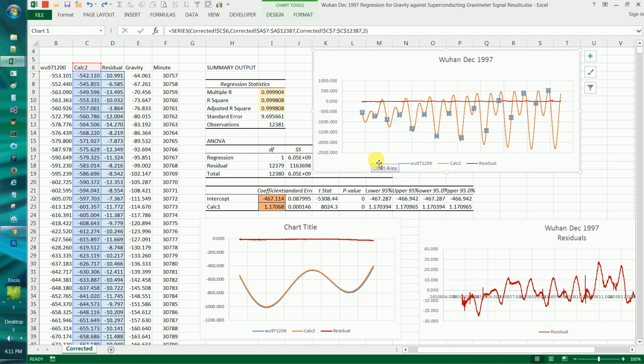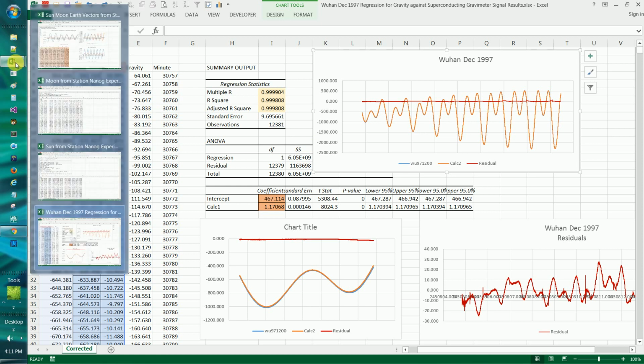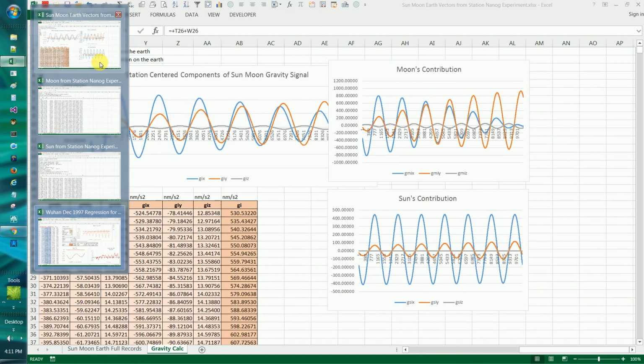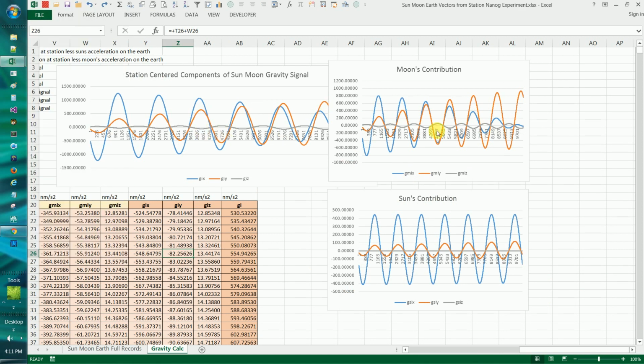So I'm putting in a plea for people to move in this direction. At least, please, someone build a 3-axis gravimeter so we can at least do this simple thing.